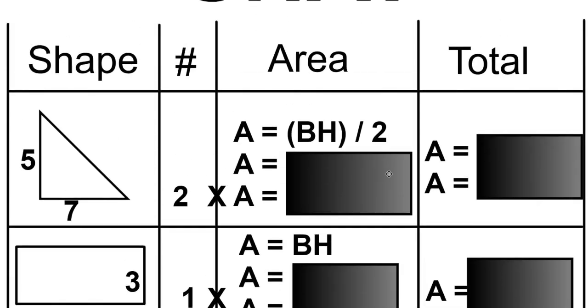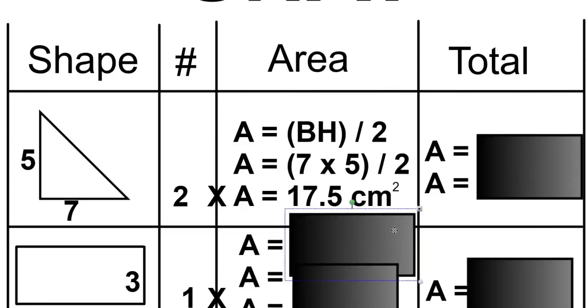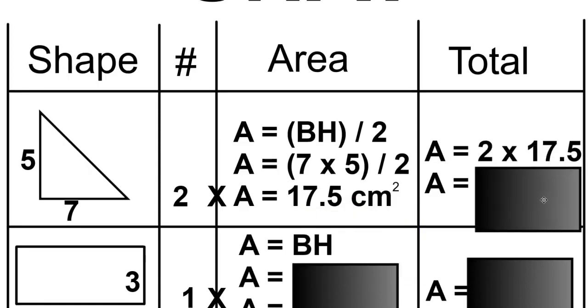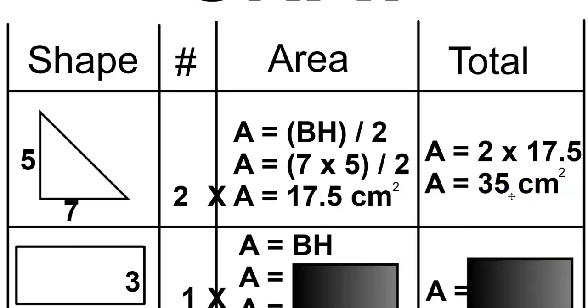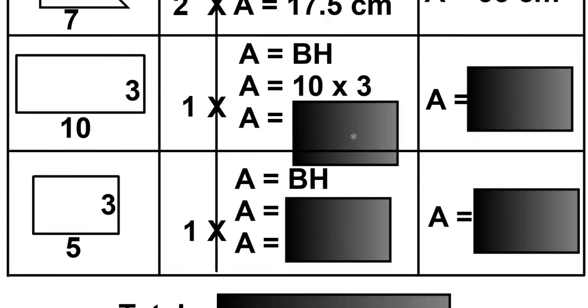So let's find the area. For the triangle, its area is equal to base times height divided by 2, which is 7 times 5 divided by 2, which will equal 17.5 centimeters squared. There's 2 triangles, so it's 2 times 17.5, which gives us a total of 35 centimeters squared. For the first rectangle, its area equals base times height.